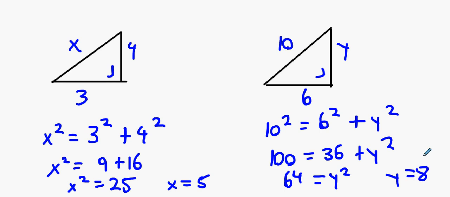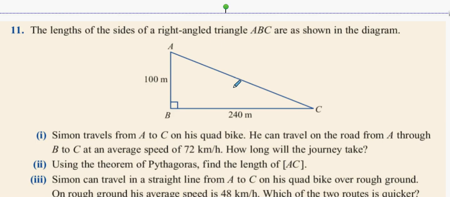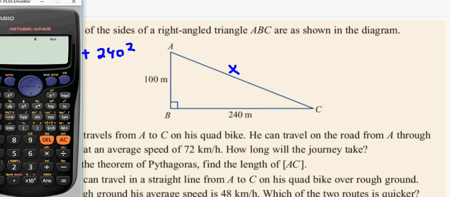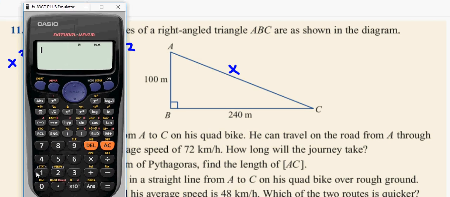Okay? Now, we're going to use Pythagoras theorem to answer this here. What I'm going to say is this length x squared equals 100 squared plus 240 squared. I'll go straight to my calculator. I will do 100 squared plus 240 squared straight away.